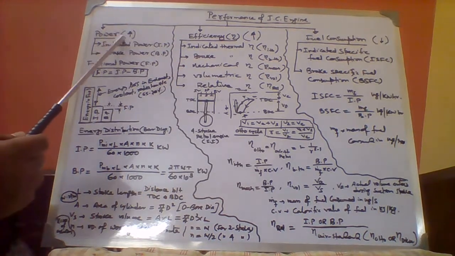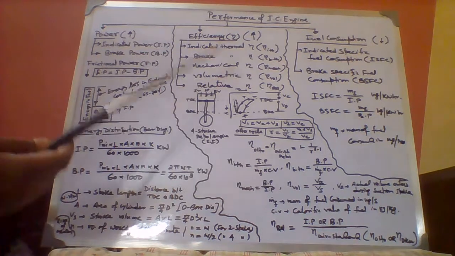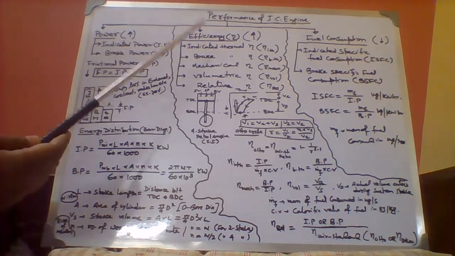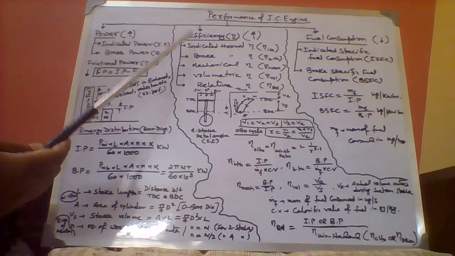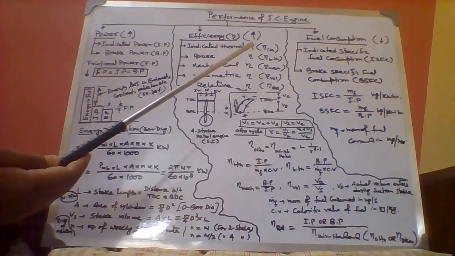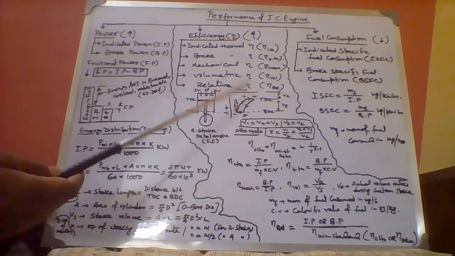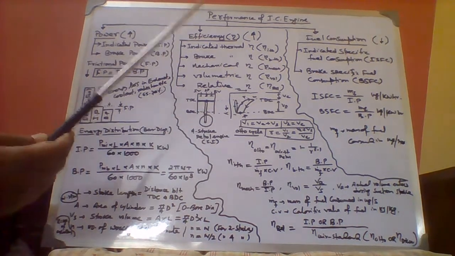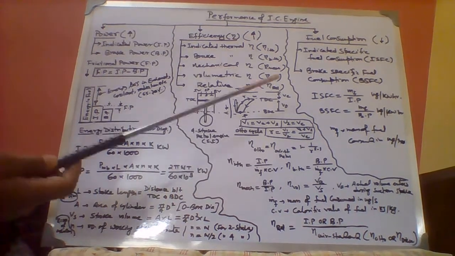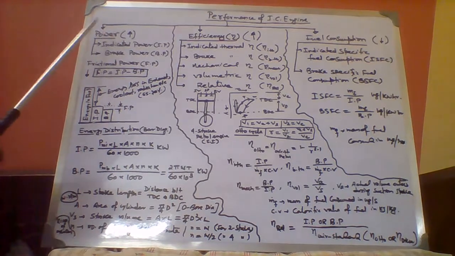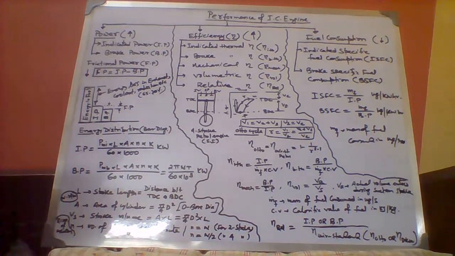If power and efficiency are moving in the upward direction, or rather have a higher value, that means satisfactory performance. And if fuel consumption has a lower value, it again proves to be satisfactory with respect to the performance of IC engines. Got it?